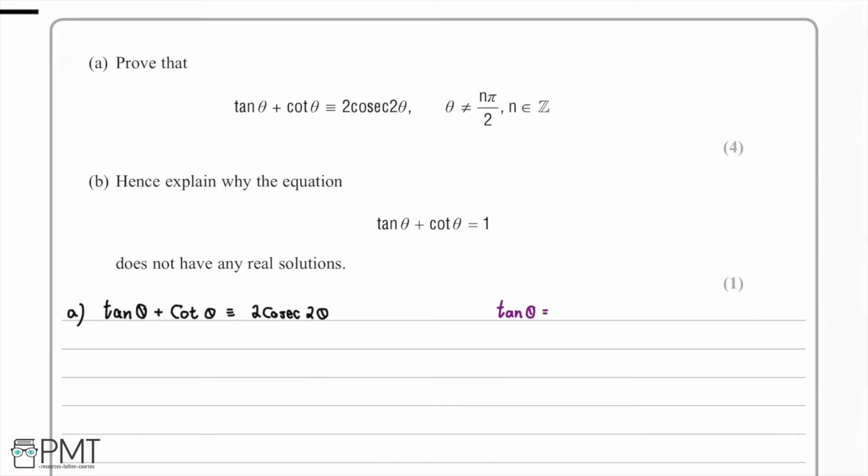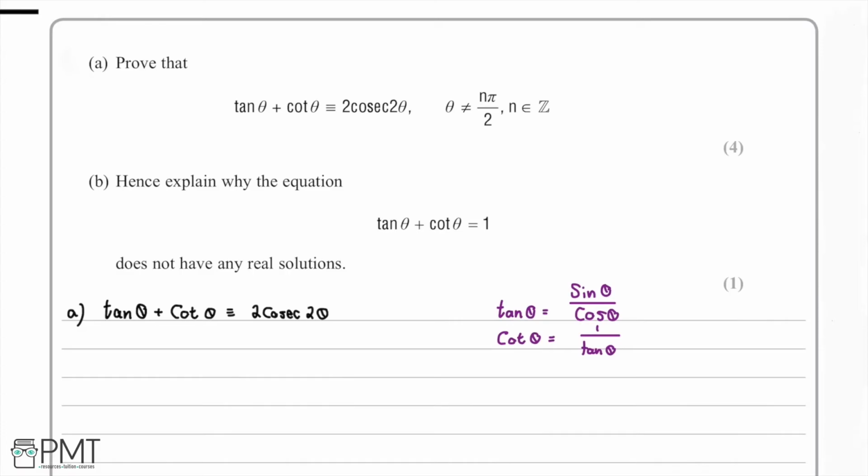Whenever we see a tan theta, we always know that a good way to rewrite this is tan theta is equal to sine theta divided by cos theta. And then in terms of our second term here, we know that cot theta is going to be 1 over tan theta. So I'll just write this here as well. We have that cot theta is equal to 1 divided by tan theta.